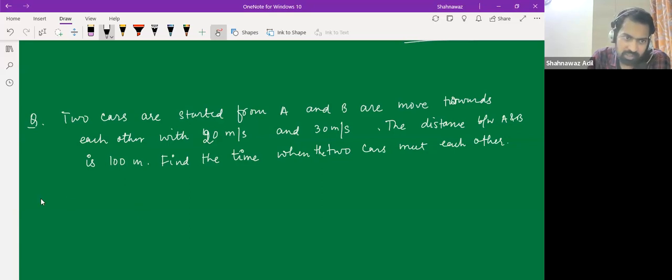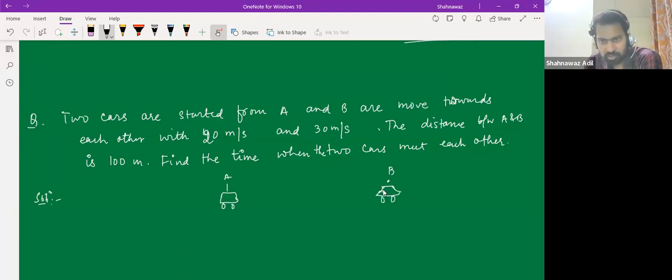So, did you guys understand the problem? We have two cars, right? So, this is point A, and this is point B. This is looking like a spaceship, but just assume this is a car, and they are moving towards each other.